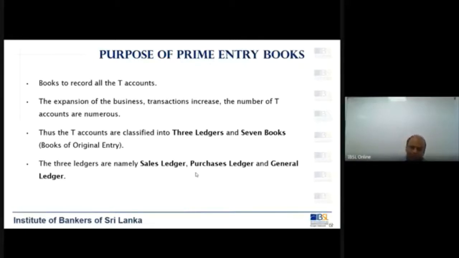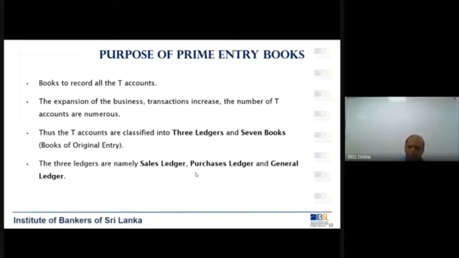In a banking scenario, it is very rare that you maintain these 3 types of ledgers. Banks do not maintain a sales ledger. Banks do not maintain a purchases ledger, because banks are not into the trading business. They are a financial service organization. So banks mostly have the general ledger only, which is the heart of any banking book.